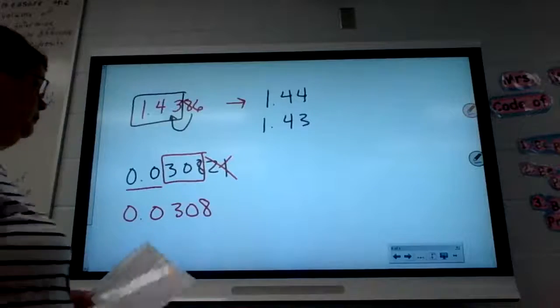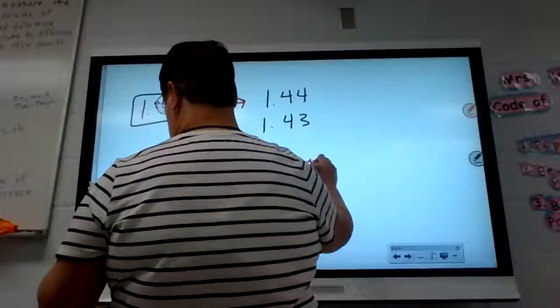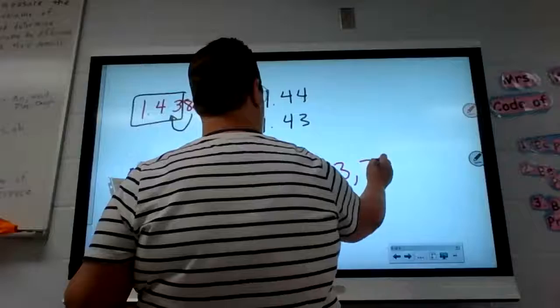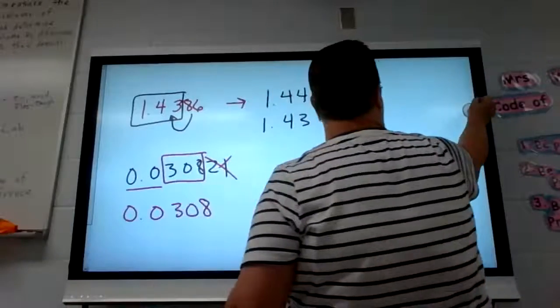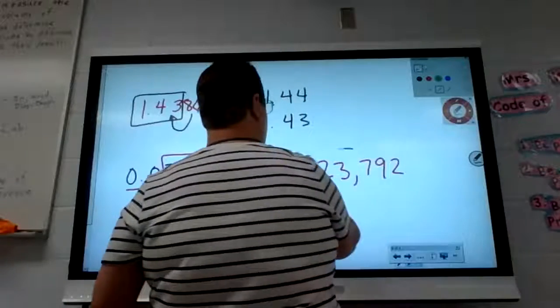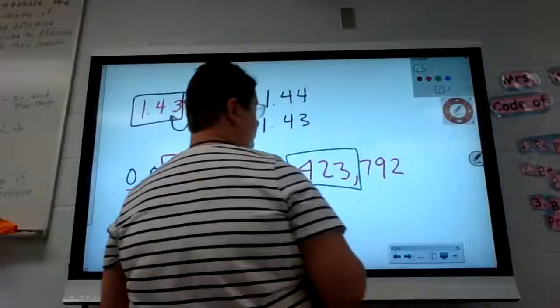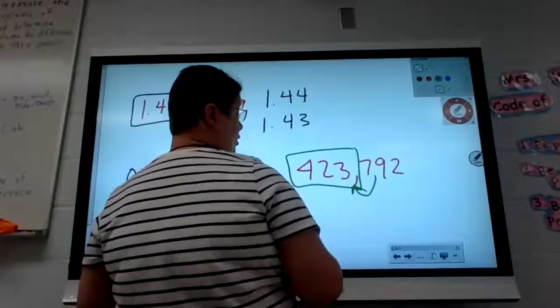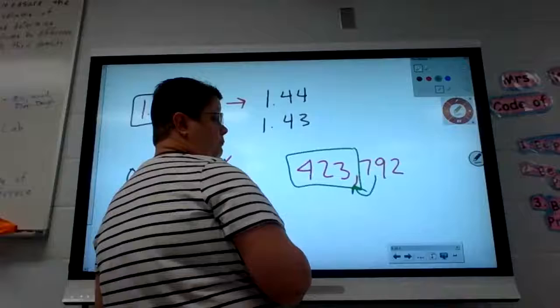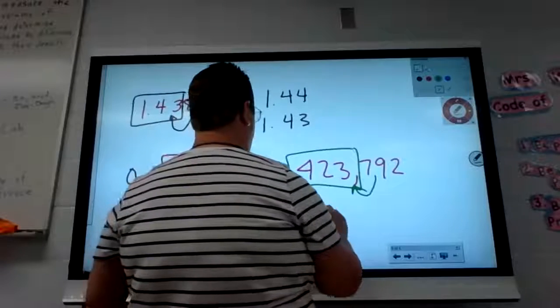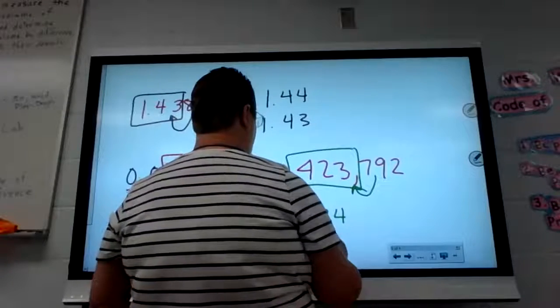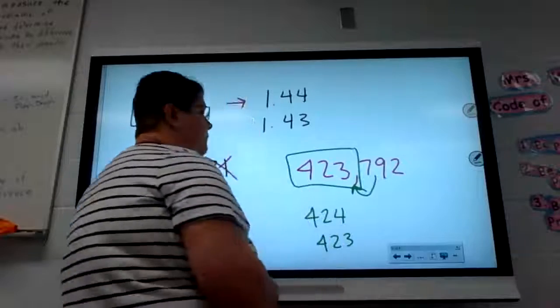Number 5. All right, we're rounding to 3 significant numbers. Again, these are my 3. This should cause it to round up to 424. However, I will take 423.